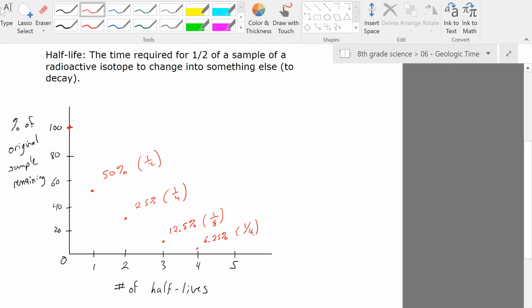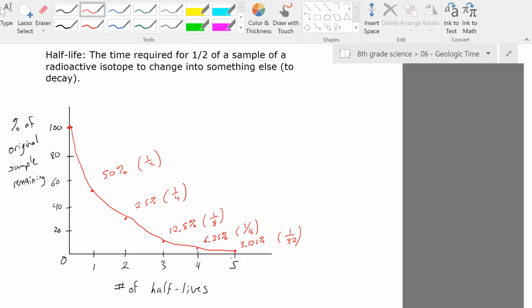And then half of that for another half-life, we'd be at 3.125%, or 1/32. And when we connect the dots here, we get this nice, smooth, exponential curve. This would be a great diagram to have handy in your notes when you're solving these problems. So I'd recommend you keep that with you.